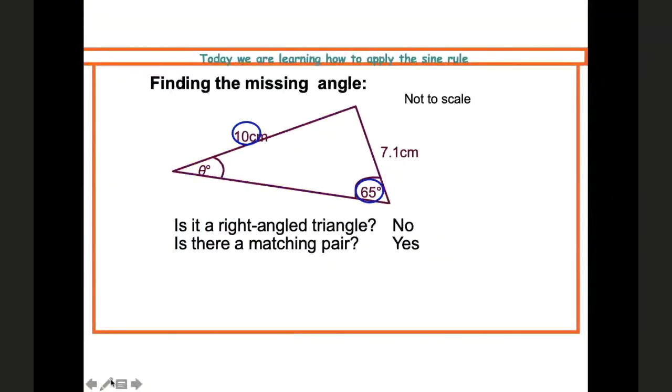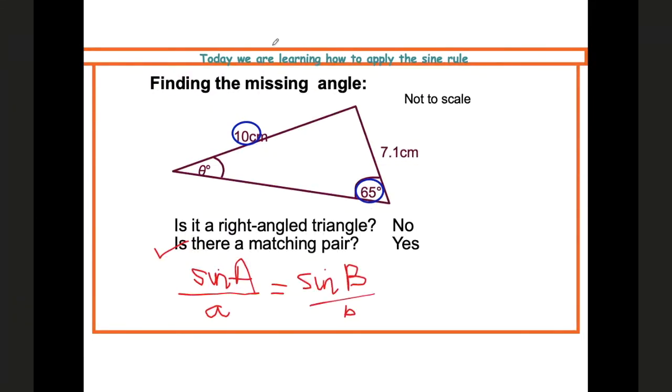Now let's have a look how to solve this. First thing we ask ourselves, is there a matching pair? Yeah. I'm going to say sine of A over little a equals sine of B over little b, and then I'm going to label appropriately. I'm going to call this big A and little a.